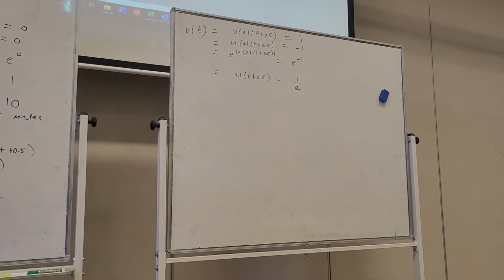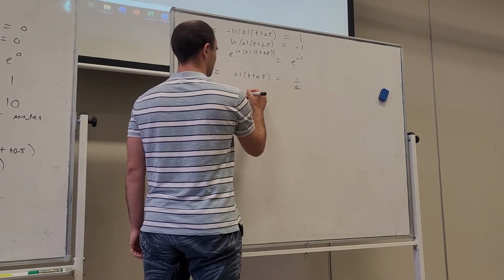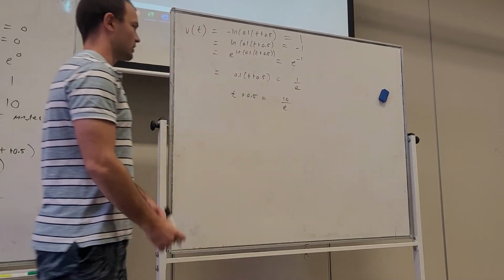E to the minus 1 is just 1 on e. Again, we've got that 0.1, so we just multiply both sides by 10. And then shove the 0.5 over.